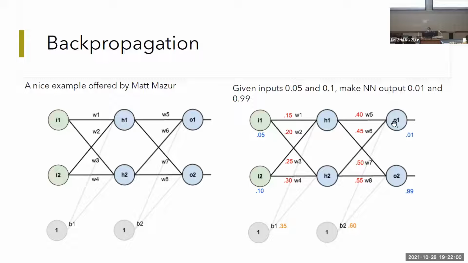We are able to estimate the value of output 1 and output 2 based on the initialized weights and bias, and we can compare our estimation and the observation, okay? Then we can compute the error.